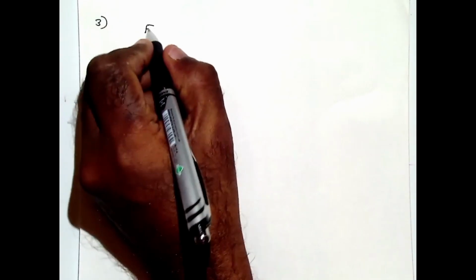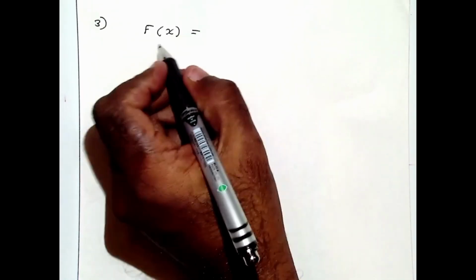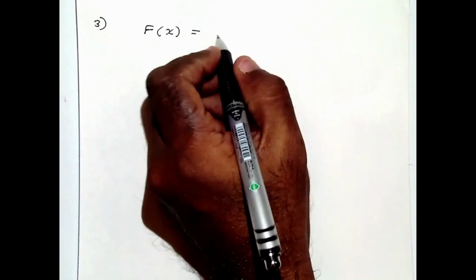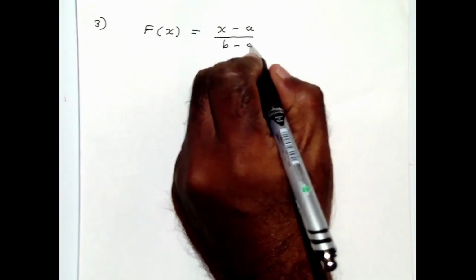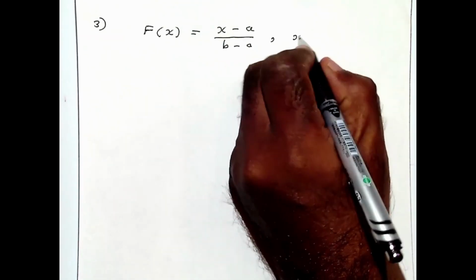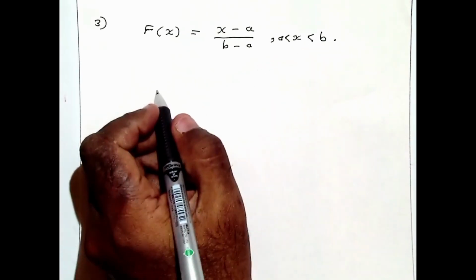Now part 3. It is the uniform distribution on the interval from A to B. So the CDF, I'm sure you know from year 1, that the CDF of a uniform A to B is x minus A divided by B minus A for x between A and B. Okay.